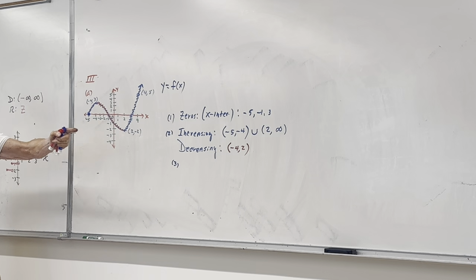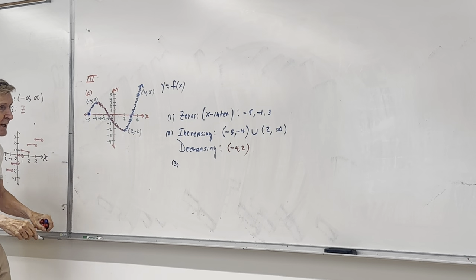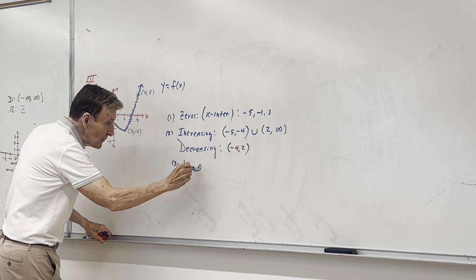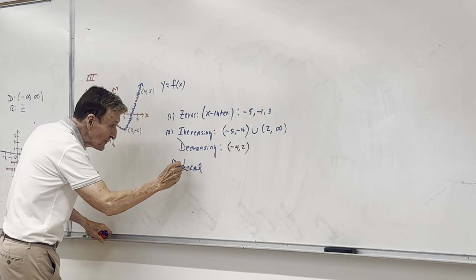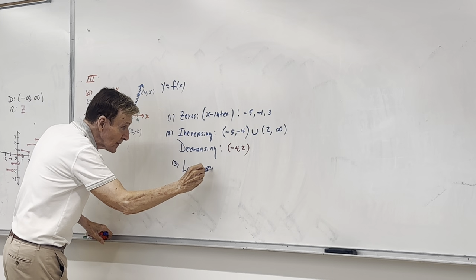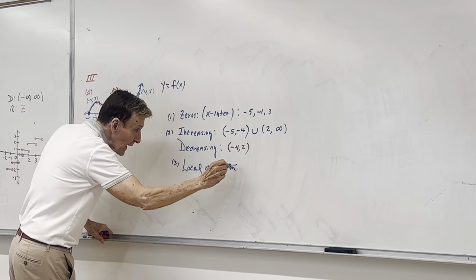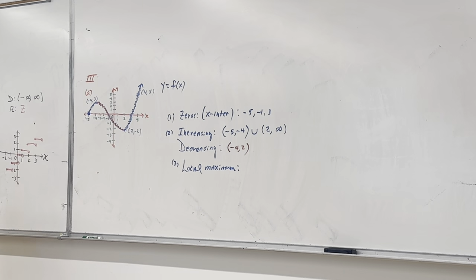So my vocabulary to distinguish is this: they may ask you to find the local maximum. And guys, really they just need that y coordinate, but if you want to name the entire point, go for it. The local maximum right here in that locality, -4, 3.